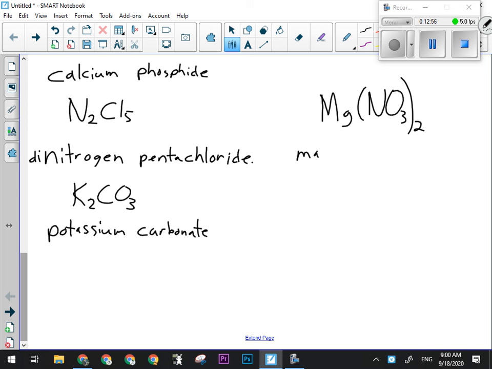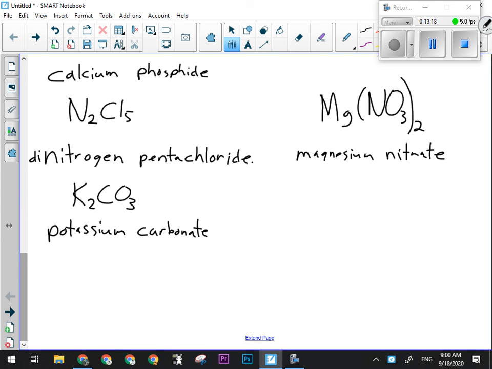Magnesium. Nitrate, right, okay, as soon as I saw that this was an ionic compound that had more than 2 elements in it, I knew I needed to go to my table of polyatomic ions and look for one of them. Okay, so that's magnesium nitrate. Again, didn't need anything else, no prefixes or anything like that.